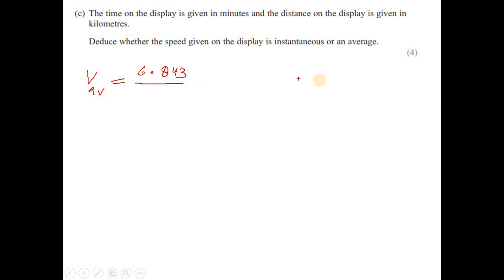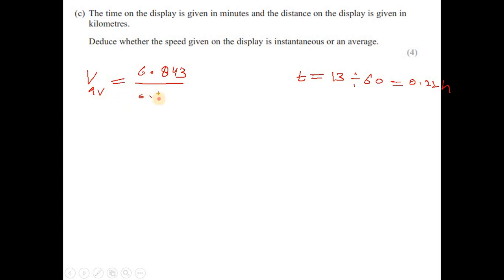T is 13 minutes divided by 60, because I need to convert this into hours, and it will give you 0.22 hour.